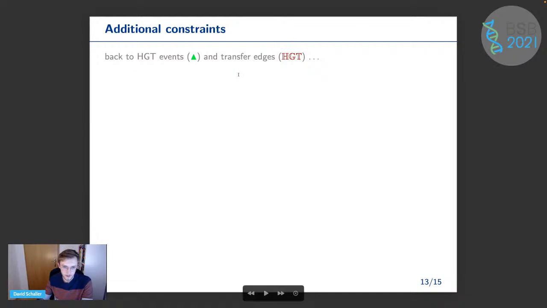So one constraint that we might want to introduce is the one that I mentioned on the last slide. If we have a transfer edge UV, then this should only be possible if the upper vertex U was an HET event.